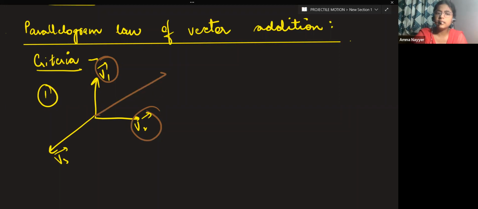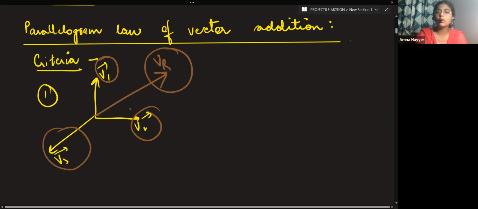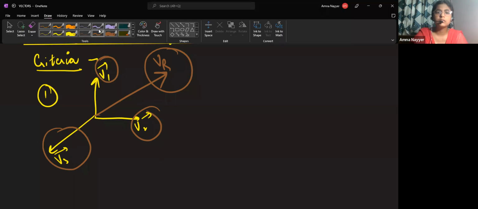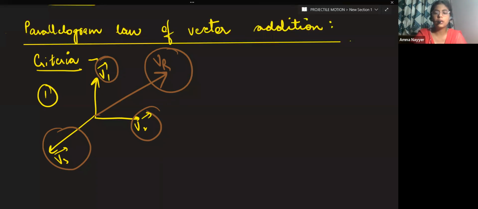Let's say their resultant is this. Now this resultant and the other vector can be solved. Then you can get one more resultant, which will be the complete resultant of this. Like this you can solve. So at one time only two vectors can be solved. These two or these two can be solved as per the need, whatever is the question. So what is the first criteria?